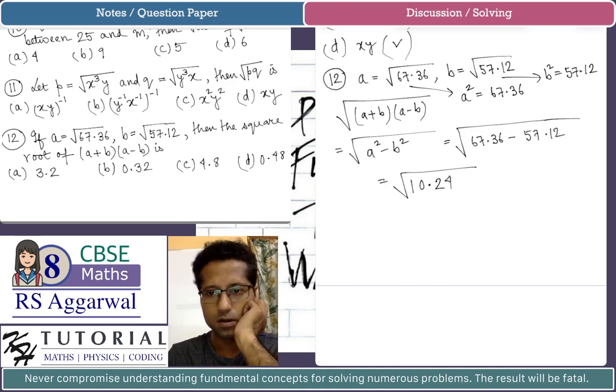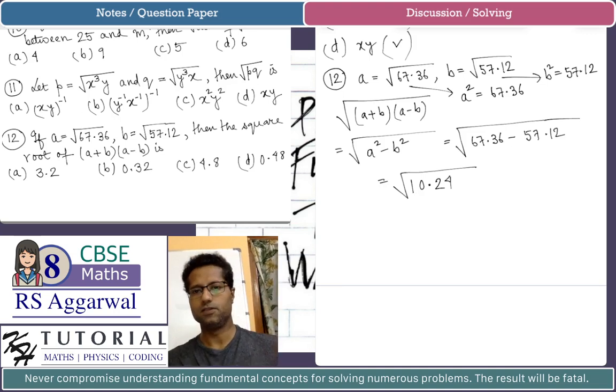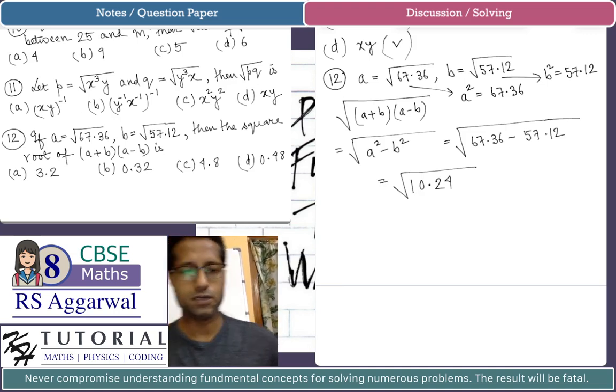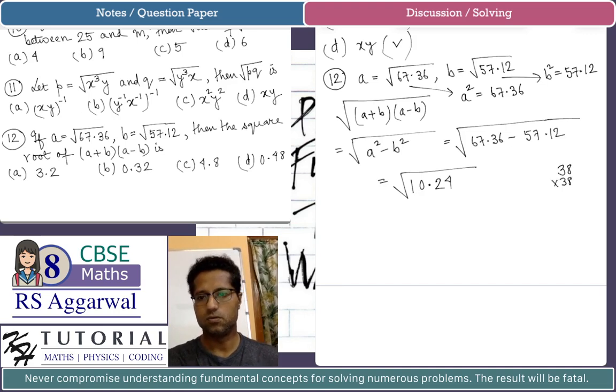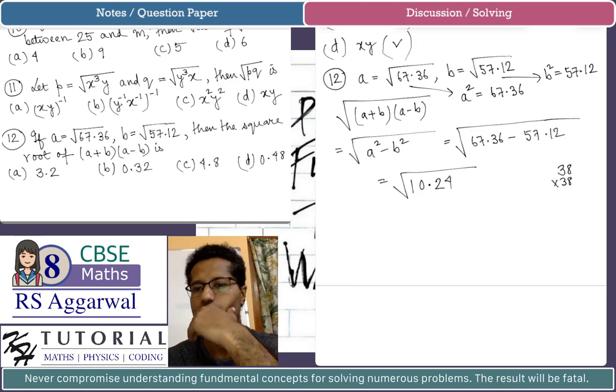Now you must be familiar with some very standard numbers which are perfect squares. That 1024 is a perfect square. It is a square of, I guess, 38, if I'm not wrong. No, 30, 32.